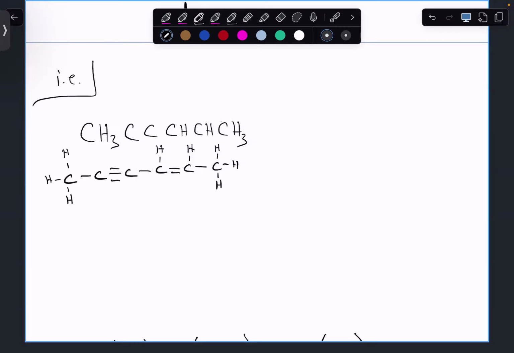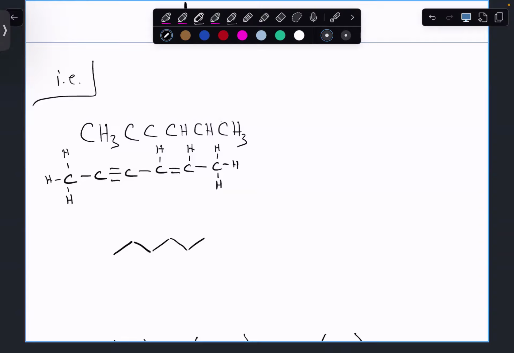Okay, so let's do that. I'm going to draw out my parent chain, 1, 2, 3, 4, 5, 6. There we go. Now, that's not correct because this indicates that this whole 6 carbon chain is connected through single bonds, which is not what is reflected here.